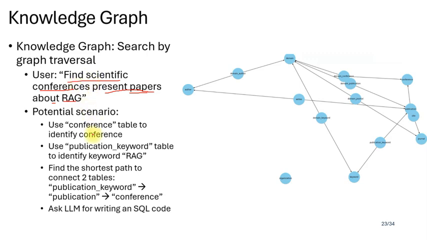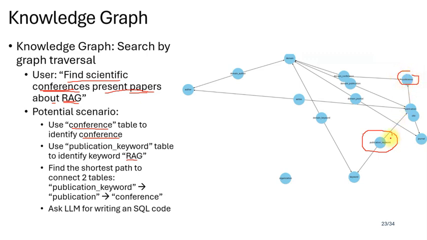Because we need to identify the scientific conference, we will use the conference table to identify the conference. And we also mentioned RAG. So we can use the publication keyword table to identify the keyword RAG, which means they are here and here.